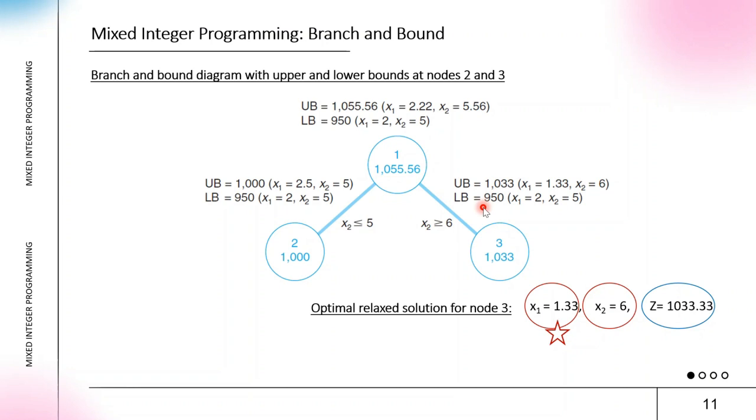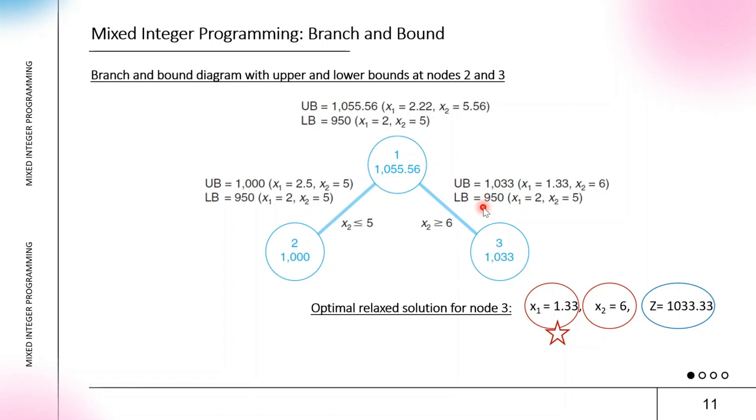But another key question arises here. From which node should we continue? Node 2 or node 3? The answer is that we should continue from node 3 because its upper bound is higher than the upper bound of node 2.